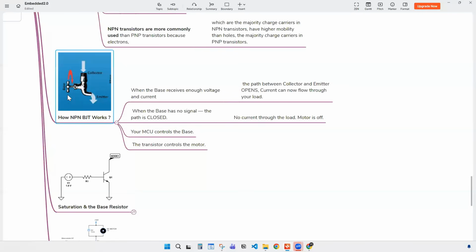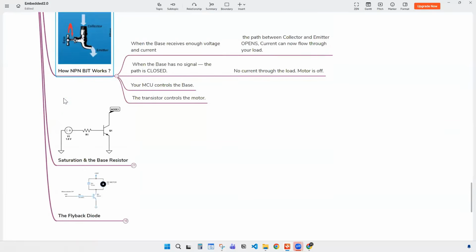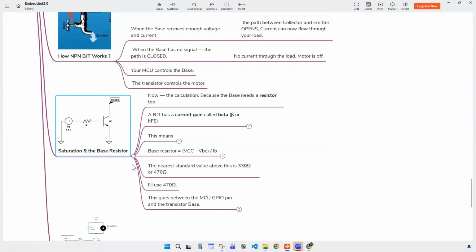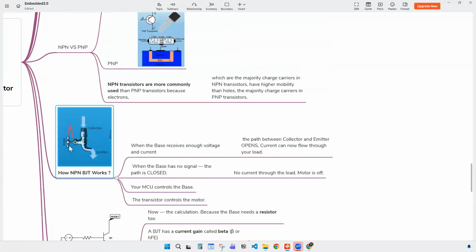Now we know that the base pin is where we control the transistor's on and off state. This understanding is okay, but what people are missing is the base resistor. Remember, whenever you are connecting a transistor, the base pin is the control pin, which helps control the flow of electricity or the motor.